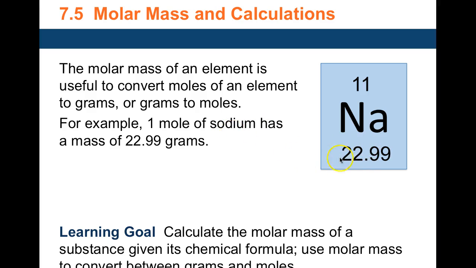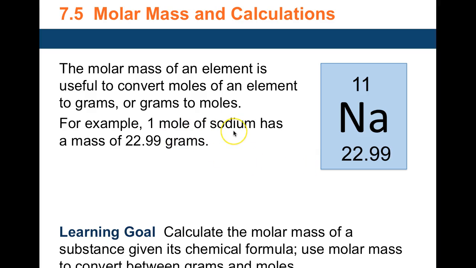whatever number you see in the periodic table listed under the element, it's that same number, but instead of atomic mass units, it's in grams, all right? So if you had 1 atom of sodium, it would be 22.99 AMU, atomic mass units.